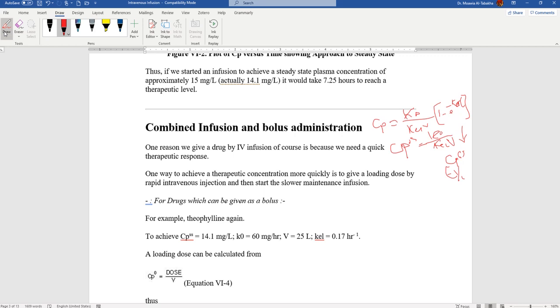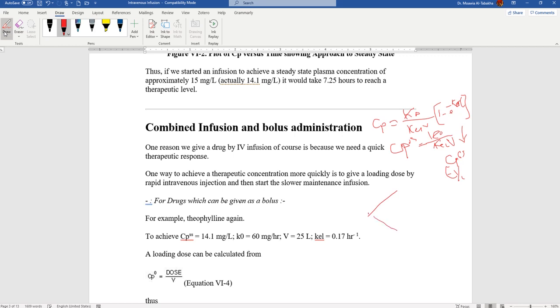So we need to have a way or ways to reach the CPss more quickly. We cannot, for example, wait for 10 hours or 7 hours or more just to reach the minimum effective concentration, as we explained previously. So there are two ways to deal with this.